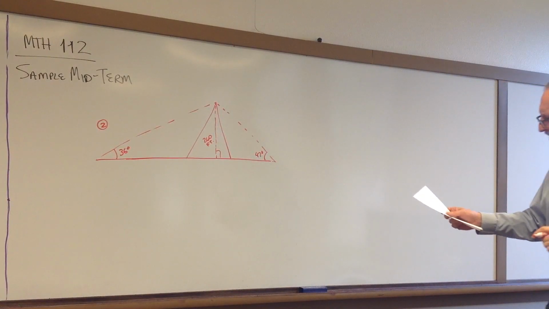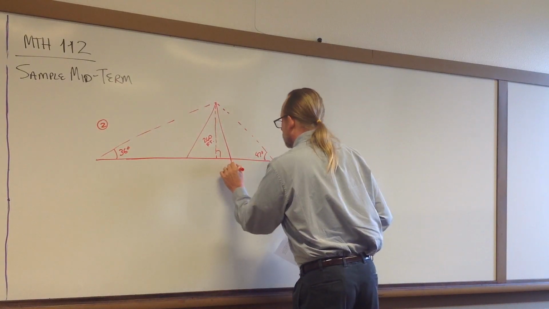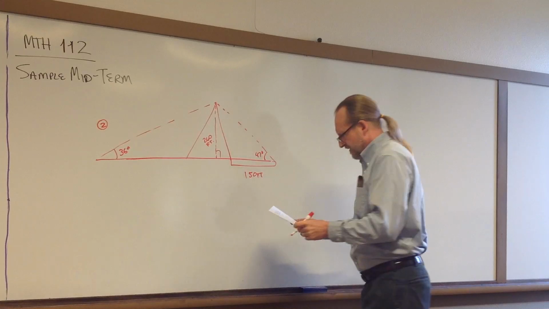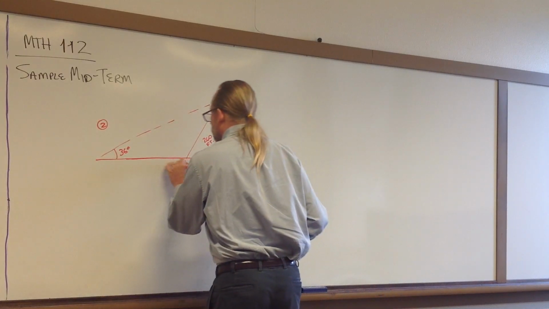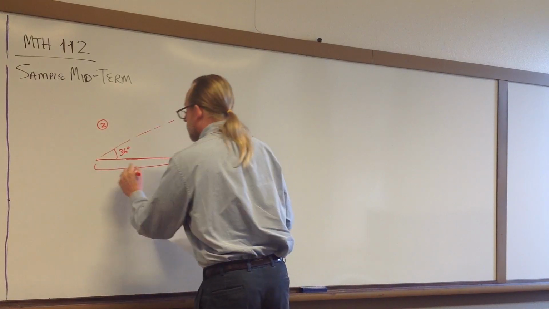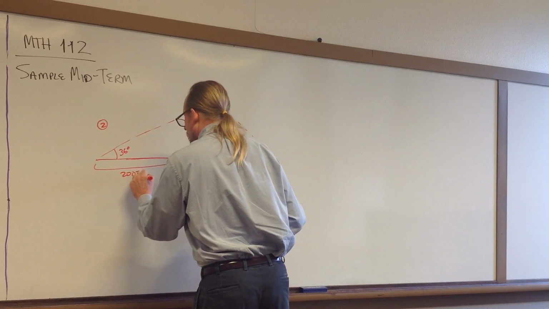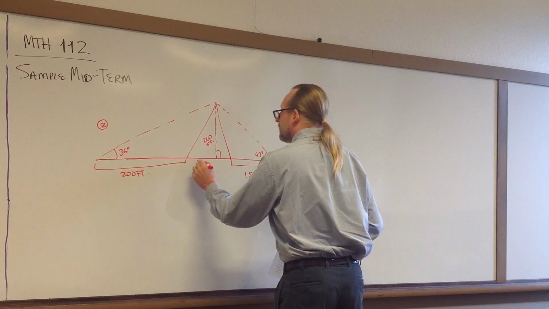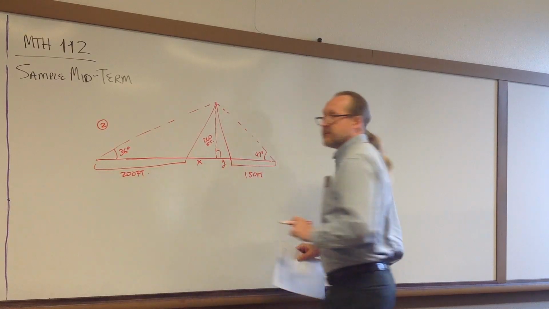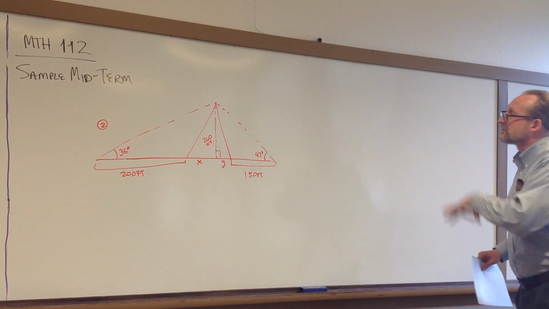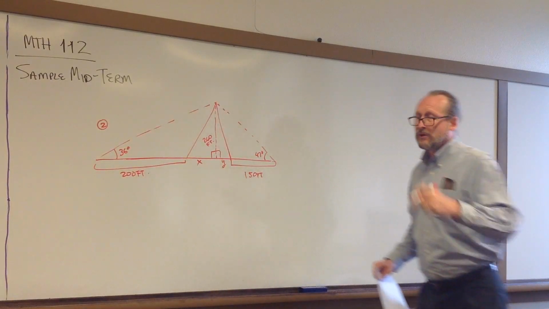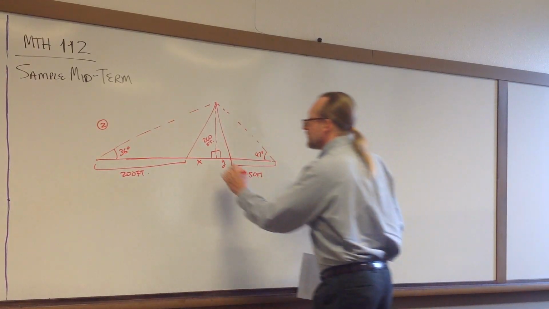We've got information that this piece right here is 150 feet, and this piece over here is 200 feet. I'll call this piece X and this piece Y, because they're in different triangles, and that's why it's useful to assign different variables to them.